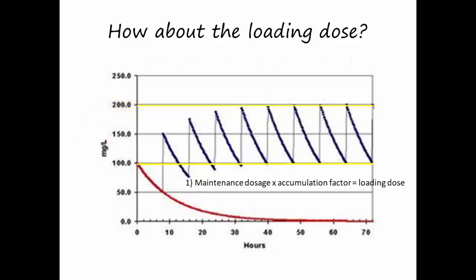Now the problem is that most of the time all we have is the half-life and the maintenance dose, but we don't have any other information. But we still can calculate the loading dose from those two values. So if we look at this graph, by starting with the maintenance dose, it will put you at the 100 milligram per liter mark.